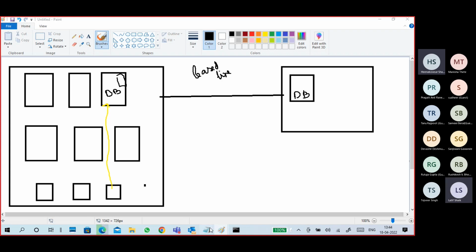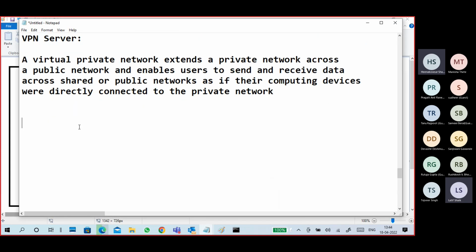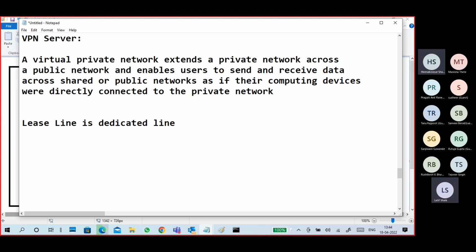Leased lines are dedicated lines, or you can say a private line. It does not mean there is a separate line. We use the existing line, but the line is dedicated for a person.